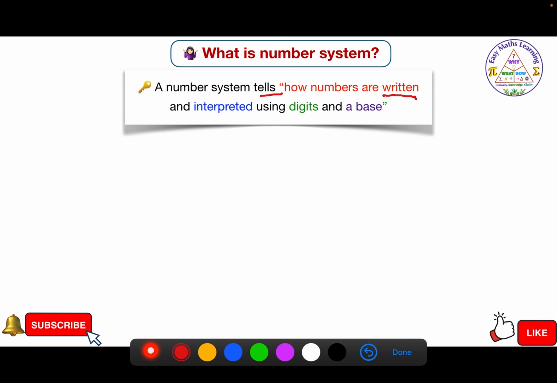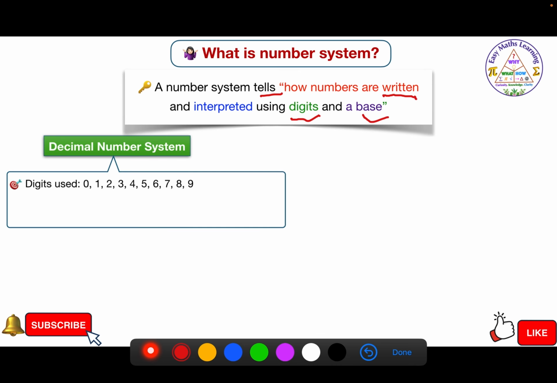So every number system has two main things. One is digit and second is base. In decimal number system, digits 0 to 9 are used.